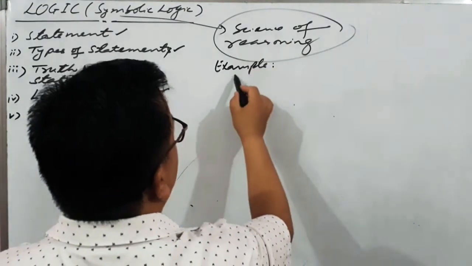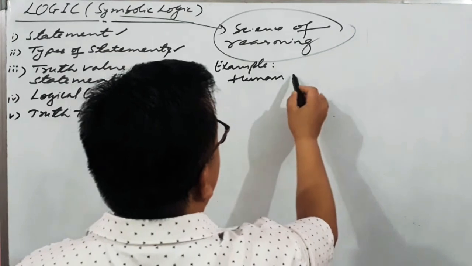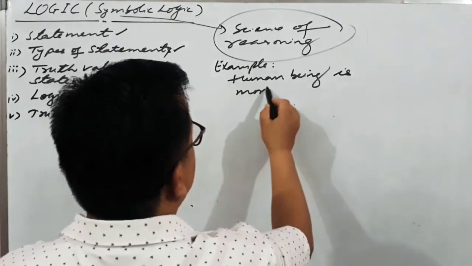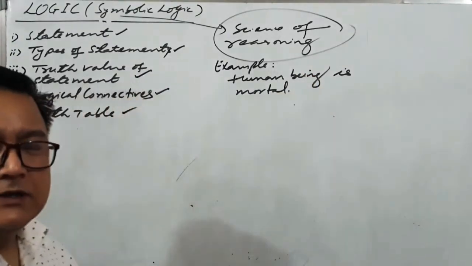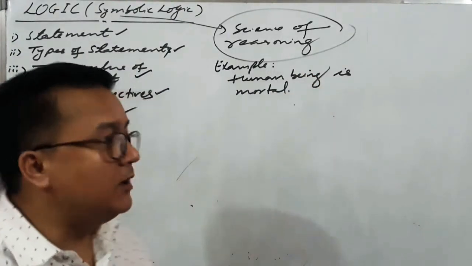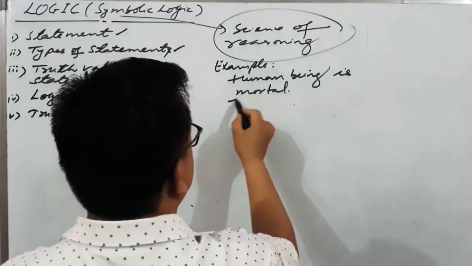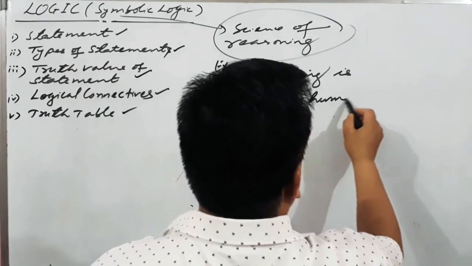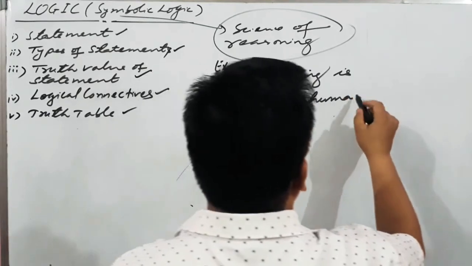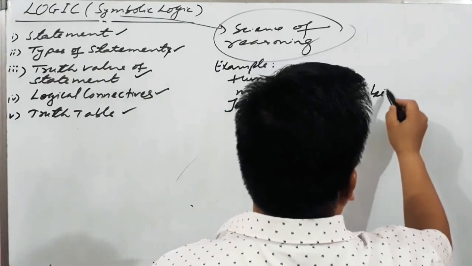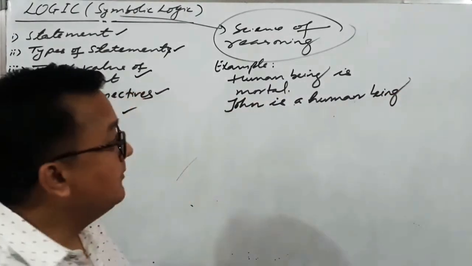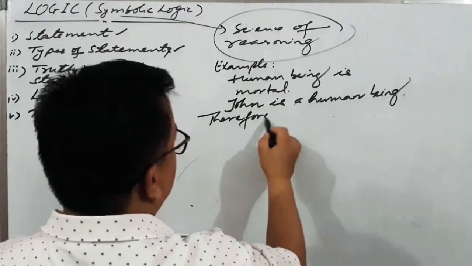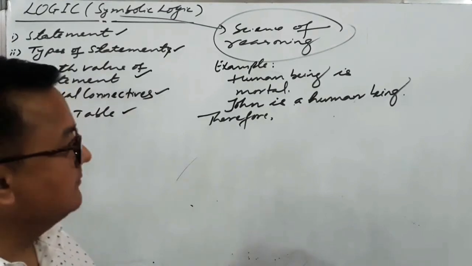One statement is this: human being is mortal. John is a human being. Therefore, what can we say?